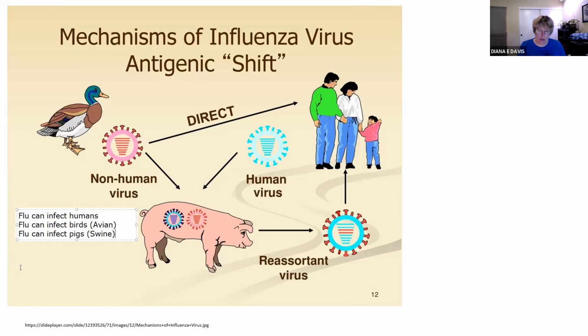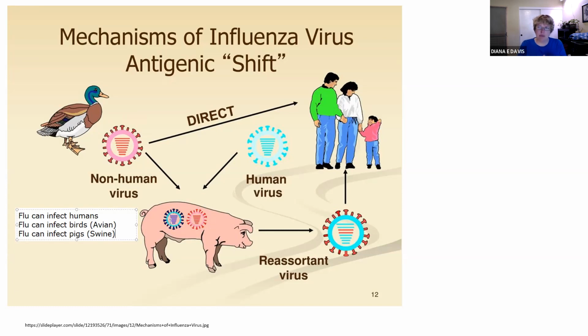what is going on? If a pig is infected by a flu that it caught from a duck, so it gets a version of bird flu, and it gets a version of human flu, or it has a version of swine flu.